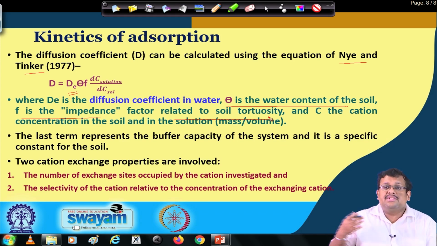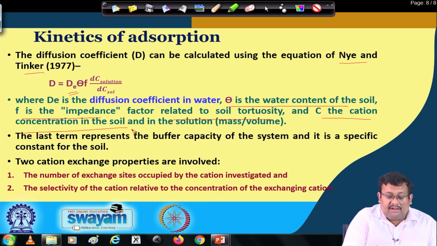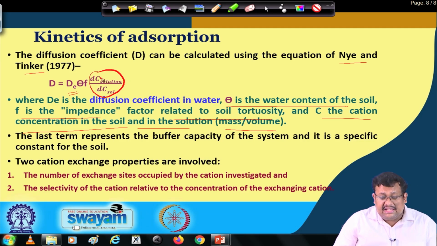Tortuosity means the soil pores are interrelated to each other, making a tortuous, zigzag, or inconsistent path. So, that is called soil tortuosity, and C is the cation concentration in the solution, that is, mass by volume ratio. Now, the last term, dC_solution to dC_sol, basically shows the buffering capacity of the system, and it is a specific constant for the soil.